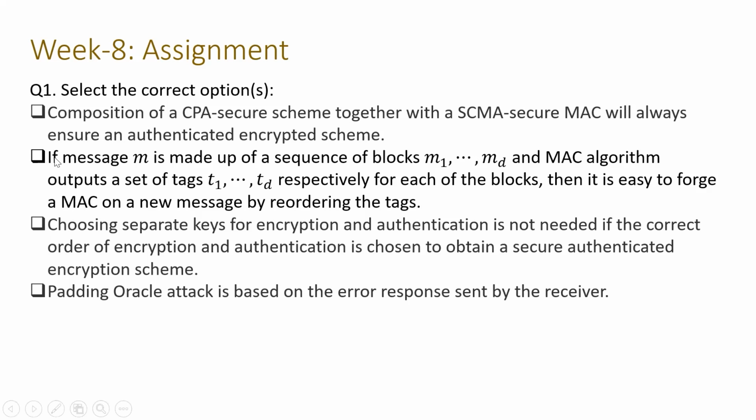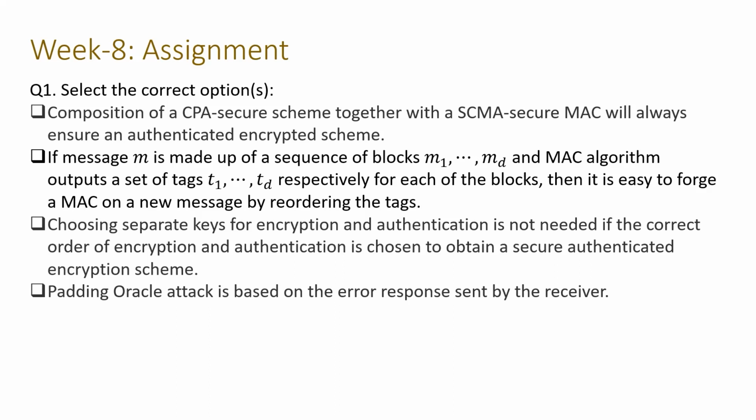Coming to the second statement: if message M is made up of a sequence of blocks M1 to MD and the MAC algorithm outputs a set of tags T1 to TD respectively for each of the blocks, then it is easy to forge a MAC on a new message by reordering the tags. This is a very basic statement about MAC design.